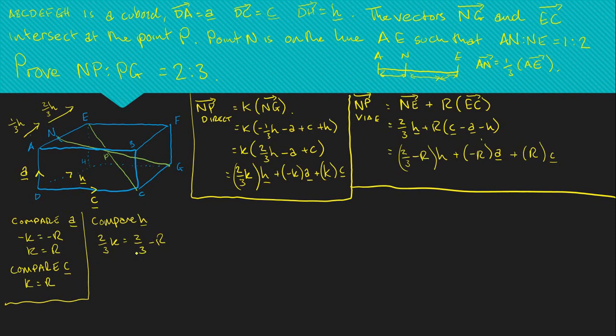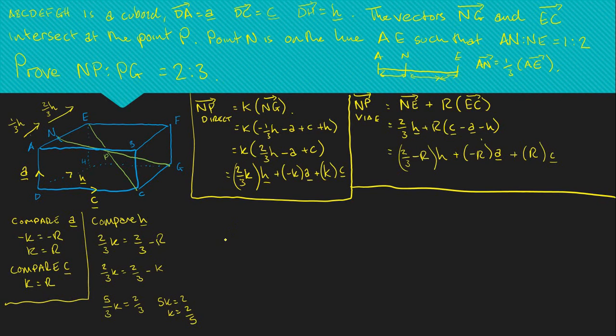Now get just one variable in here, so we've got 2/3 of k is equal to 2/3 minus k. Alright, we're going to add on here, and so we're going to end up with 5/3 of k equals 2/3. So therefore 5k equals 2 and k equals 2/5.